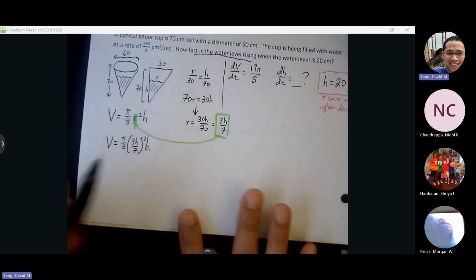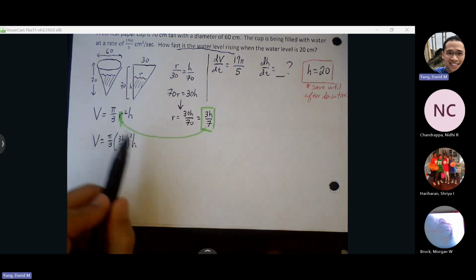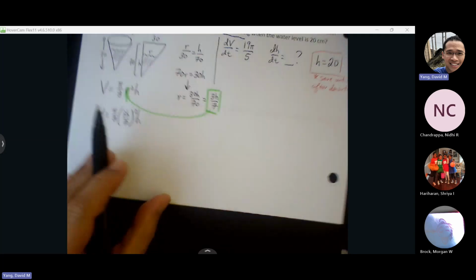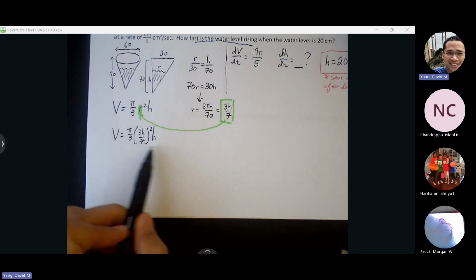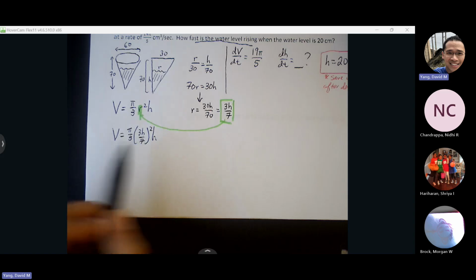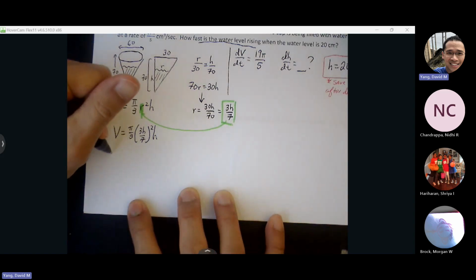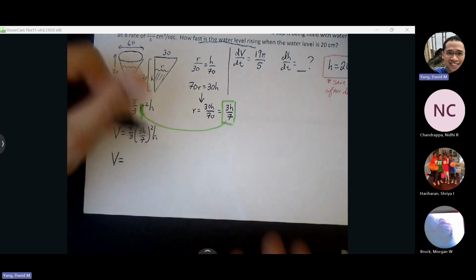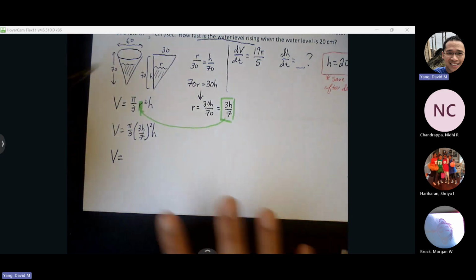Now, once you make your substitution, make sure you spend time cleaning up, because this is not ready for derivative unless you want to go through a product and chain, and that's too much. It's not worth the trouble if we can just do a little cleanup and rely on power rule.